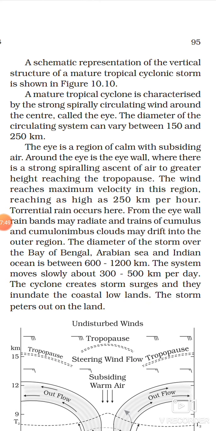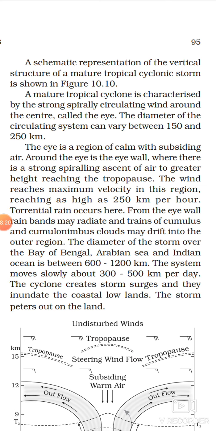There are plenty of concentric circles which keep revolving, keep rotating around a particular axis. The axis is actually imaginary. The axis is just the eye. That smallest spiral circulating wind around the center of the cyclone is called the eye.